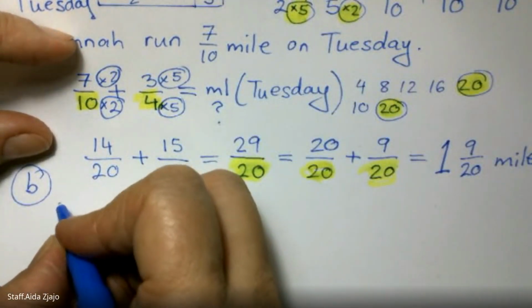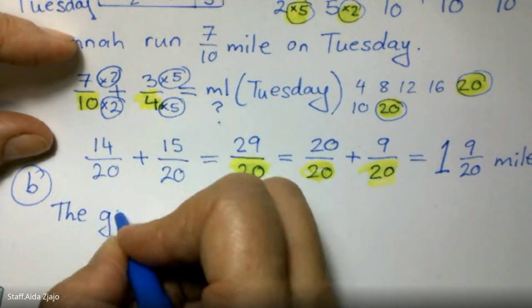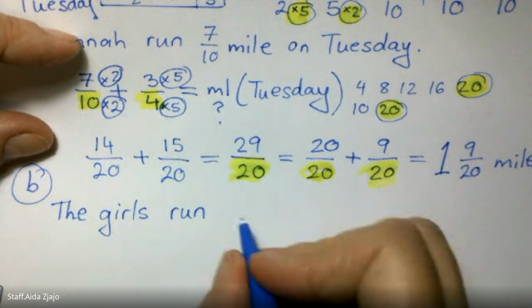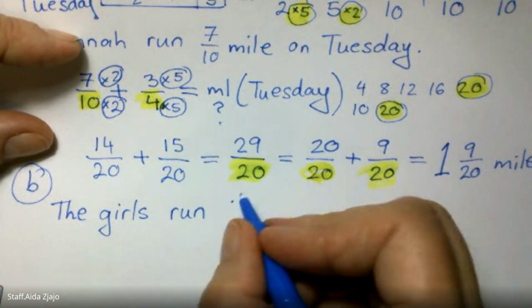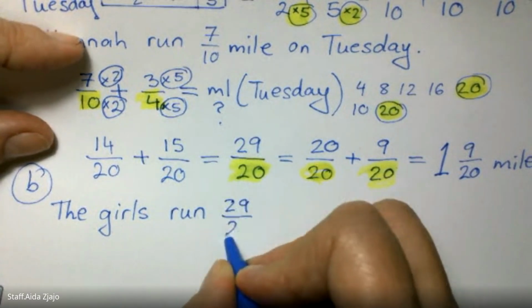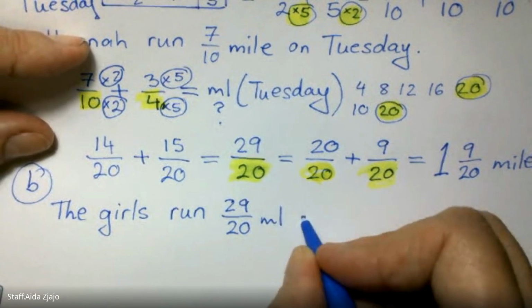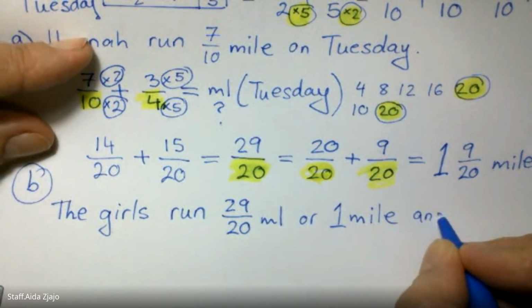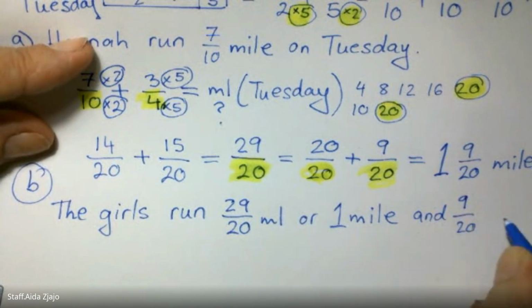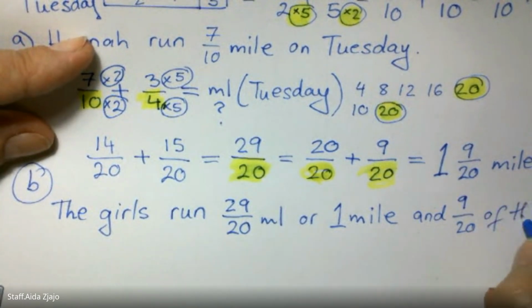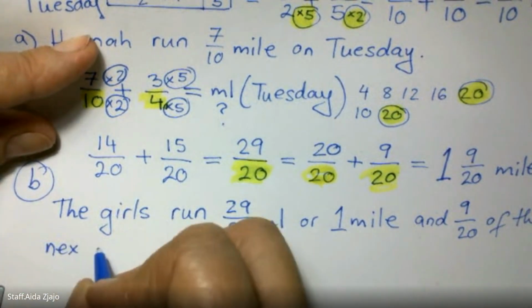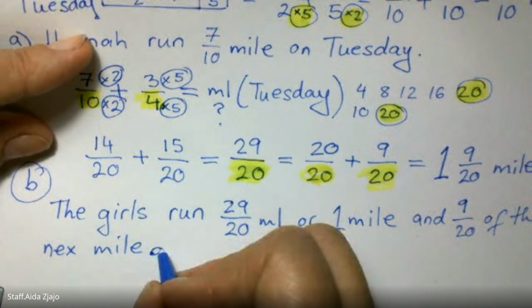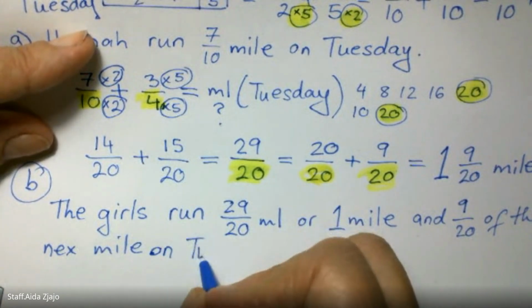The girls ran 29/20 mile, or 1 mile and 9/20 of the next mile on Tuesday.